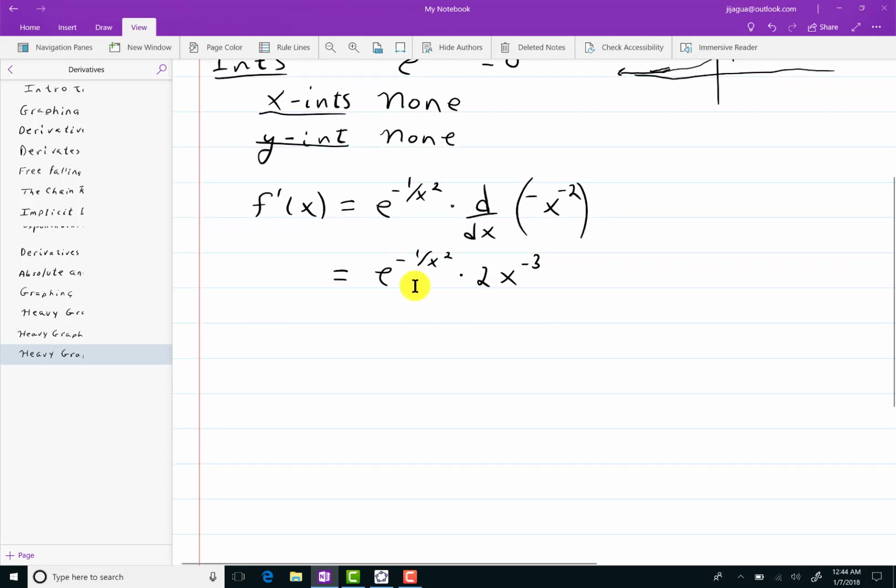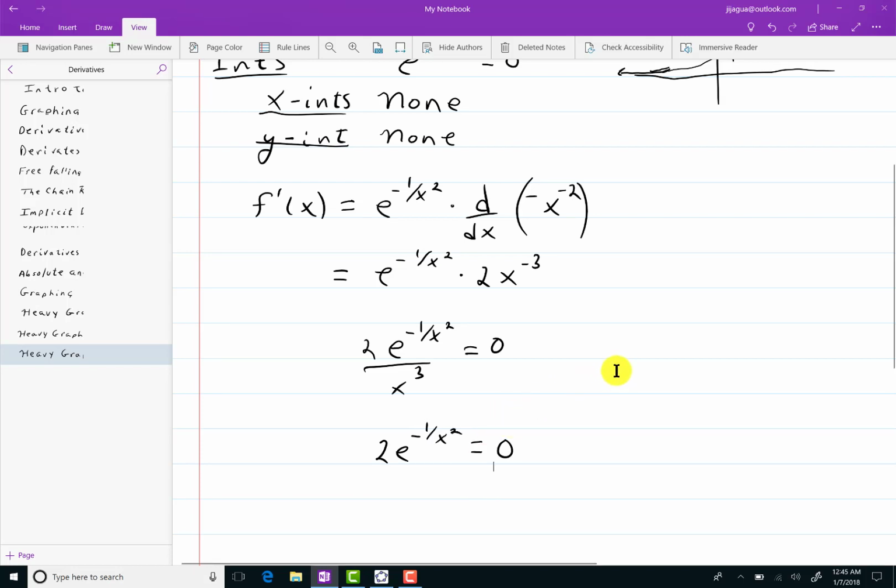Now we usually set this equal to 0, so I will set e to the negative 1 over x squared, I'll put the 2 in front, and I'll put the x cubed down here. Now, if that's to equal 0, I would have to multiply through by x cubed, and I would get 2e to the negative 1 over x squared equals 0.